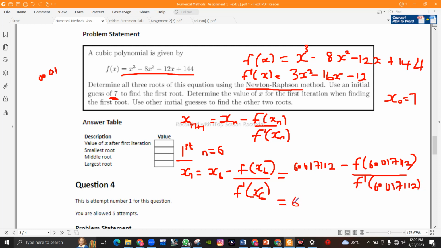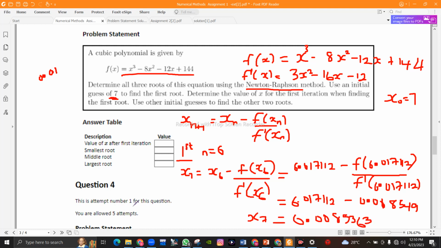You're going to have 6.017112 minus 0.008549. How did I get that? If you put this in the calculator, function of this divided by function of this, you get this. So if you subtract that, our x7 now equals 6.008563.